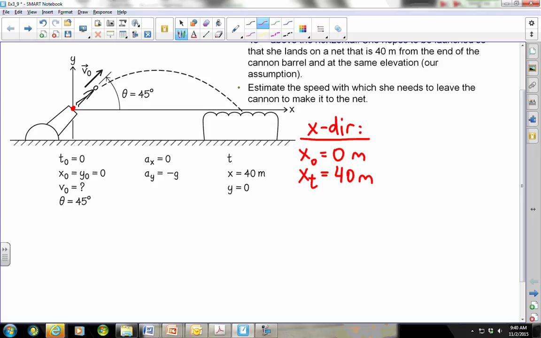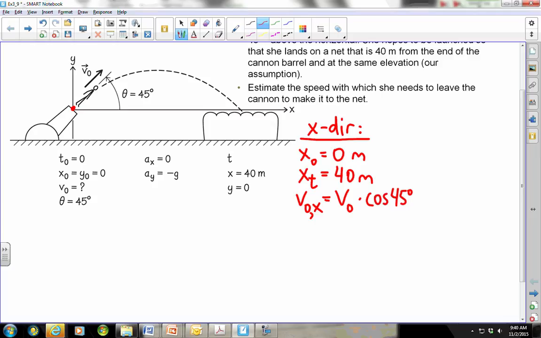We know the velocity in the x direction. That's going to equal whatever the velocity was to begin with times cosine of 45, because they're being launched at an angle of 45.